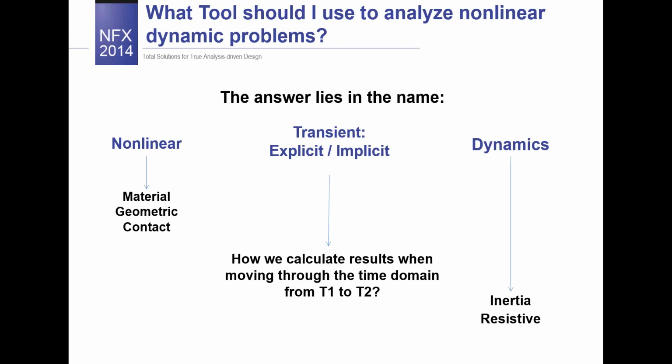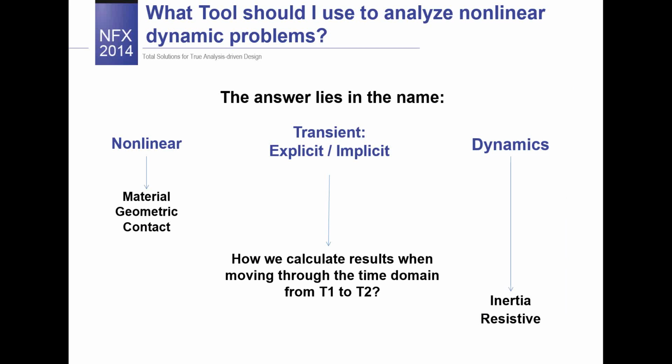First of all, let's refresh some knowledge from nonlinear static analysis, and let's define the term which is called nonlinearity. There are three types of nonlinearity you can meet during your FEA simulation.